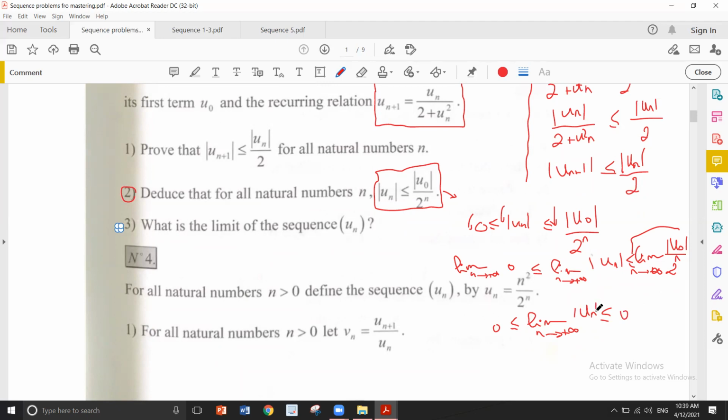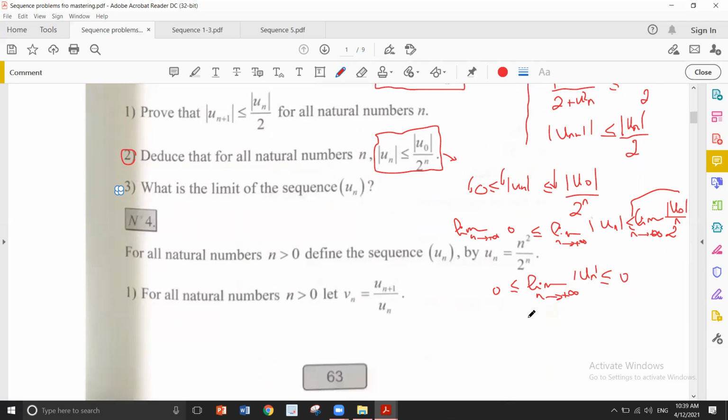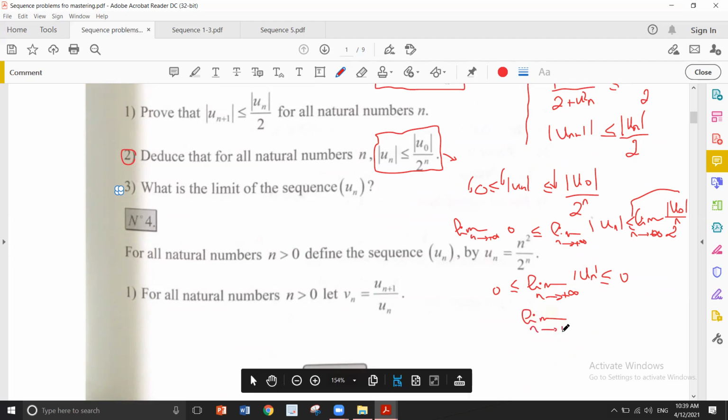So by the sandwich theorem, how much is the limit as n tends to plus infinity? If the limit of un is between 0 and 0, what will be the limit by sandwich? 0. The limit of un equals 0.